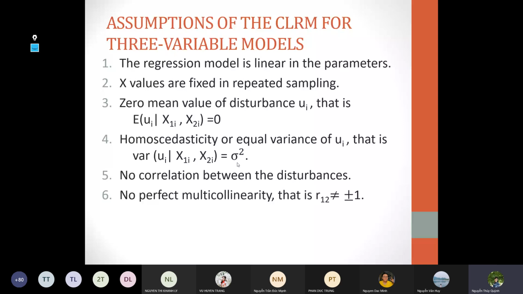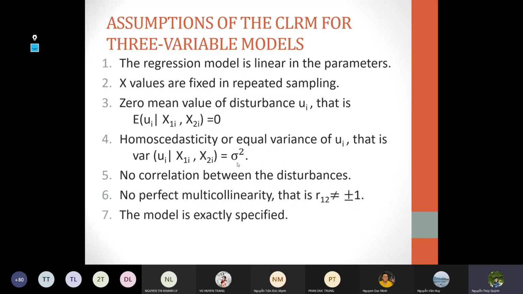The correlation coefficient between the independent variables is different from -1 and 1. That is no perfect multicollinearity, because later when you study econometrics 2, you will see that in the case where we have perfect multicollinearity, we cannot calculate the value of the beta hat.